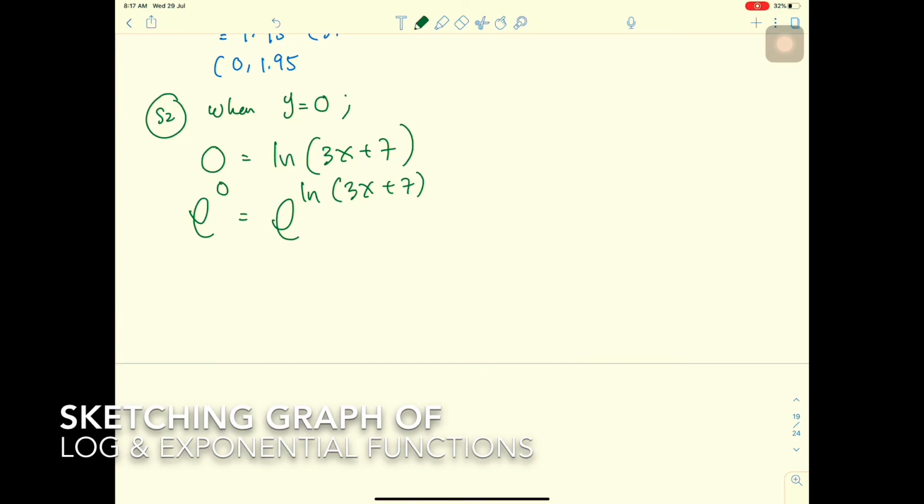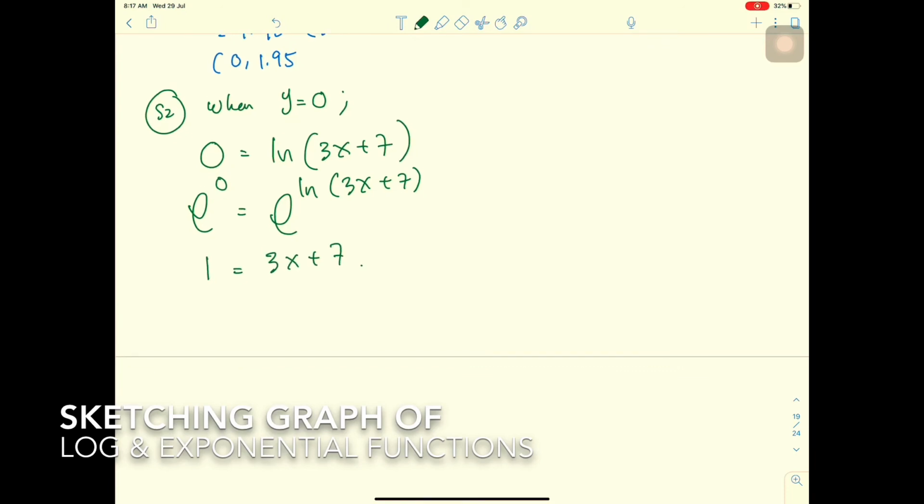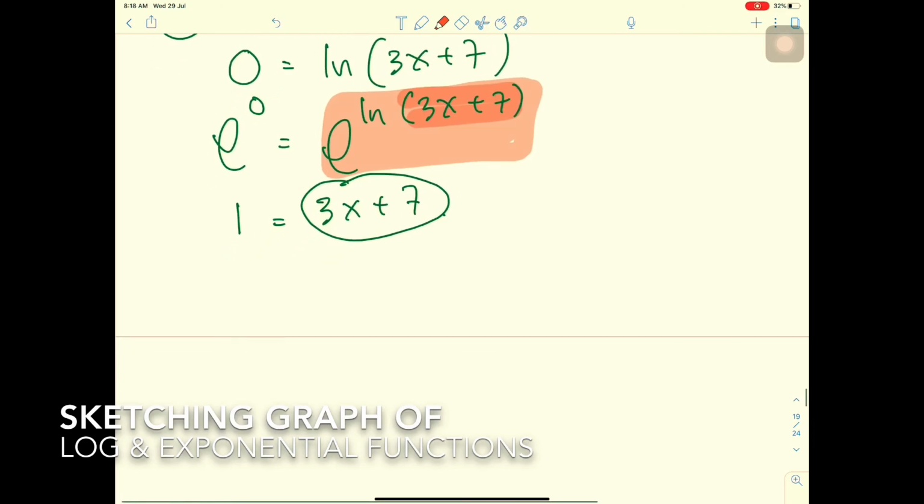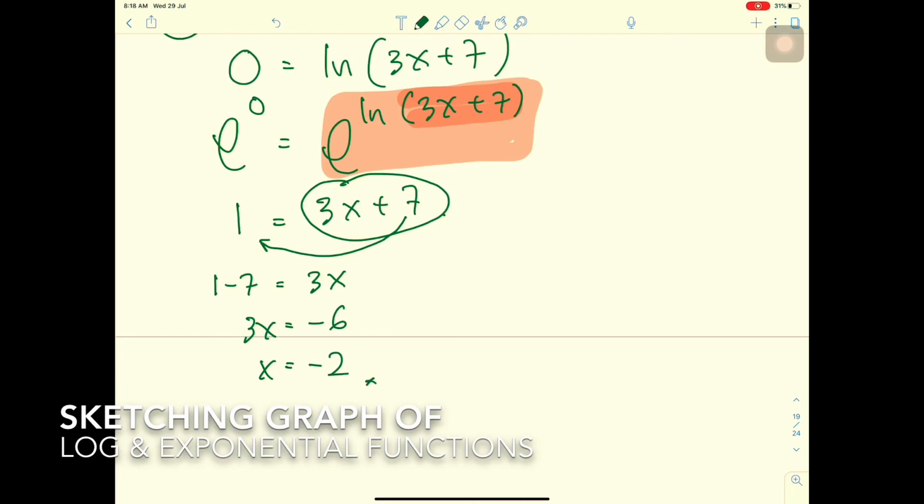So it becomes 1 equals 3x plus 7. How do we get 3x plus 7? Because exponential of ln leaves what is in the bracket. So you simplify and bring 7 to the left: 1 minus 7 equals 3x, 3x equals negative 6, x equals negative 2.